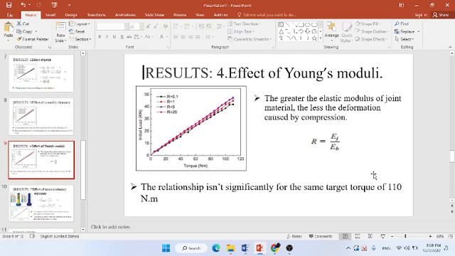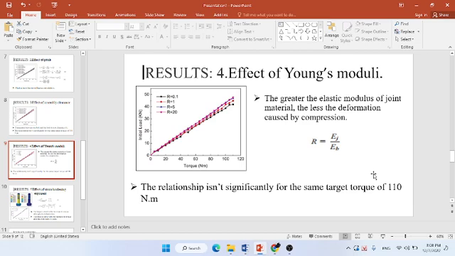The fourth result I will talk about is effects of Young's modulus. When tightened at the same torque of 110 Newton meters, the greater the elastic modulus of joint material, the less the deformation caused by compression.